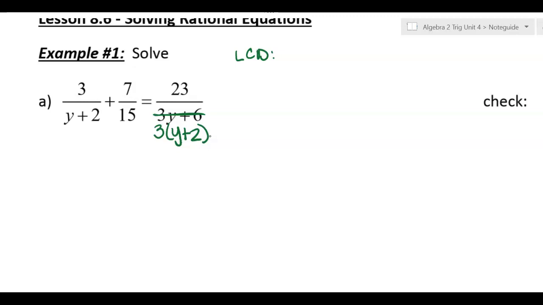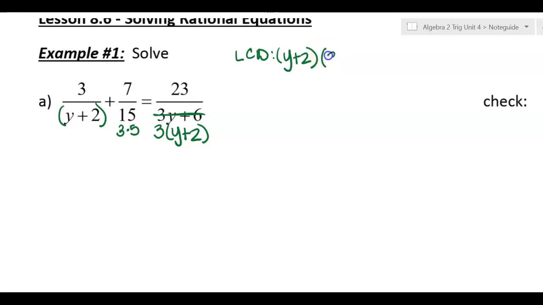Okay? So when I look at the first denominator, it has one factor of y plus 2. I need to include that factor as part of my denominator. When I look at the second fraction, it has 15. I can think of it as 15 or as 3 times 5.